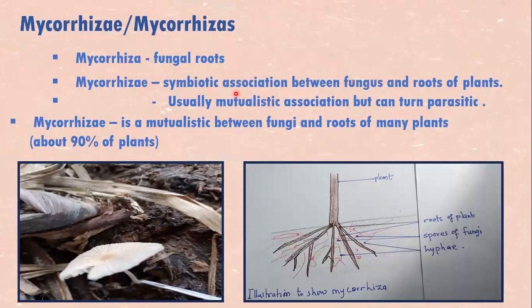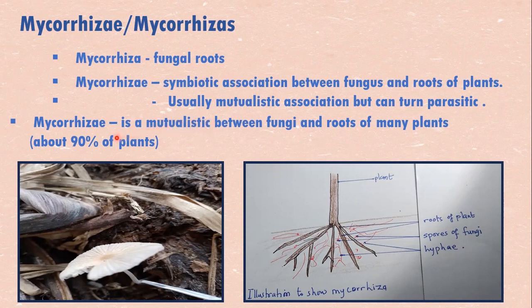This association is usually mutualistic. Each of the organisms in the association gets something, benefits, but sometimes it can turn parasitic. So we are looking at mycorrhiza as it usually is, a mutualistic association between fungi and the roots of many plants.